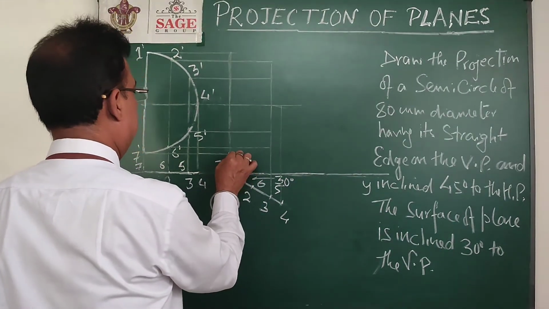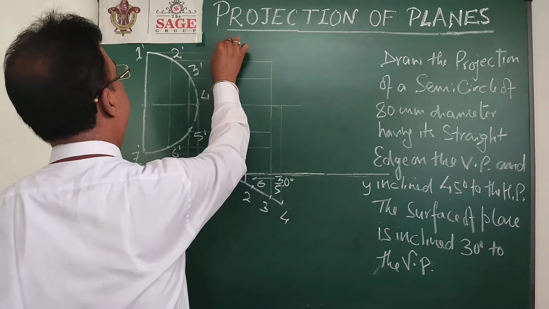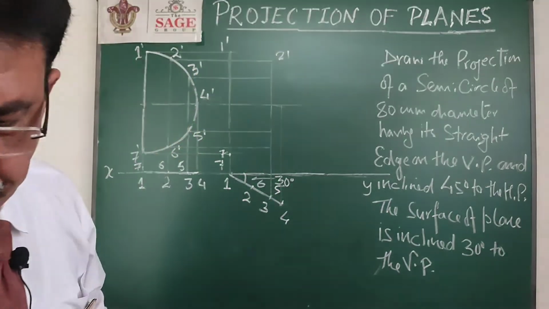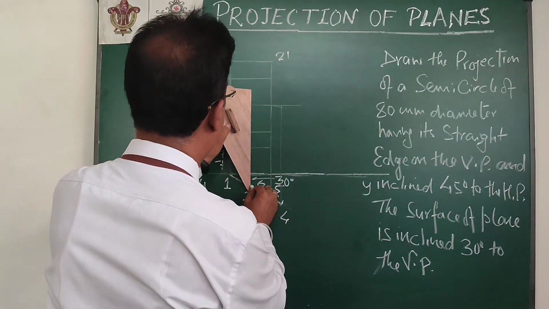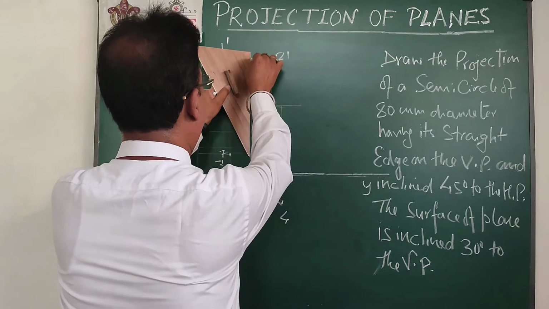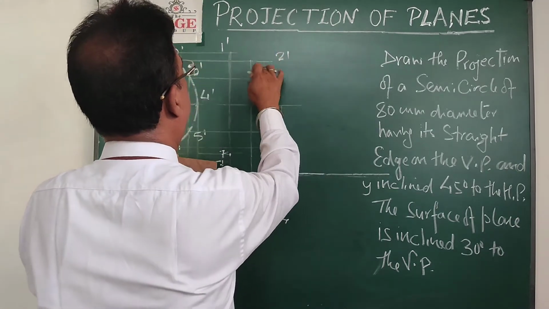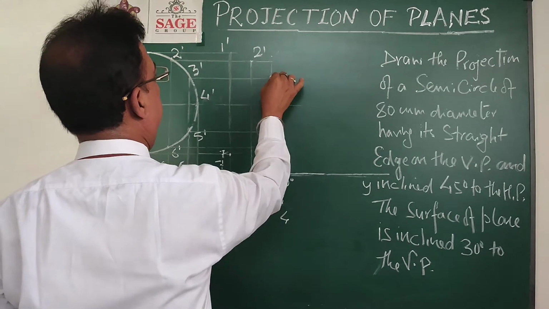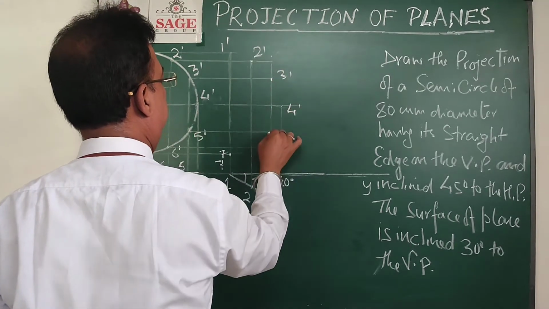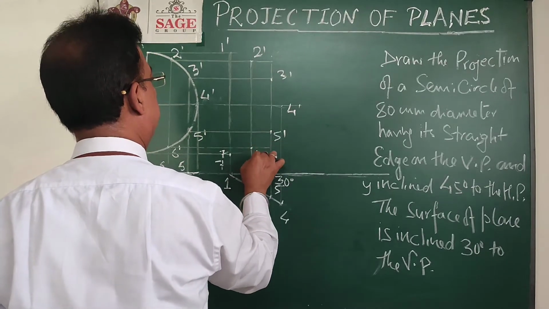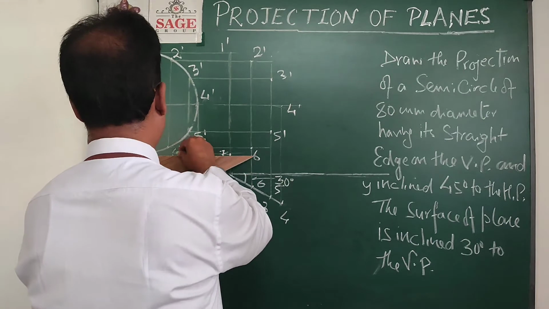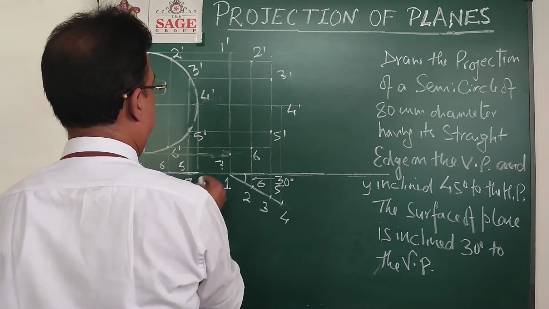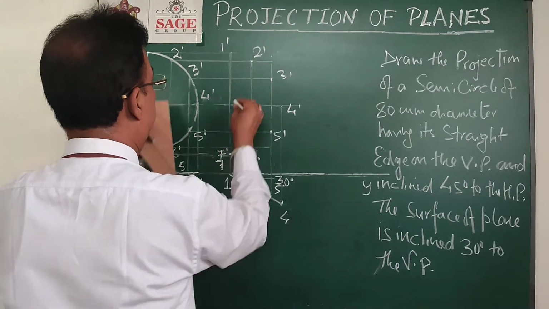So this will be point 7 dash, this is 1 dash, 2 dash, so this is 2 dash, this is 3 dash, this is 4 dash, 5 dash, 6 dash, and finally 7 dash. I can join all these points.